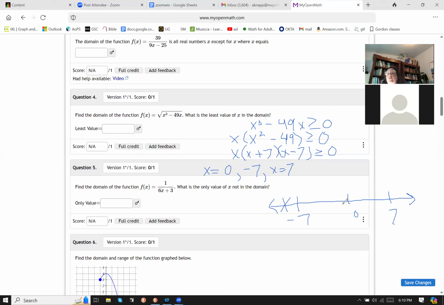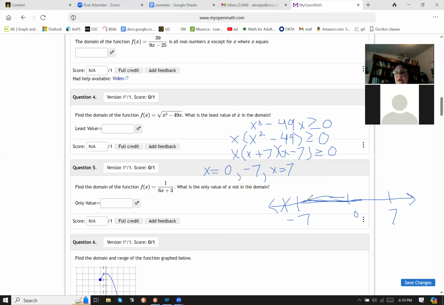For example, negative 1. Negative 1 to the third would be negative 1 times negative 1 times negative 1, which is negative 1. Minus 49 times negative 1 would be plus 50. Negative 1 plus 50 is 49, which is greater than or equal to 0. So we are going to shade this region.